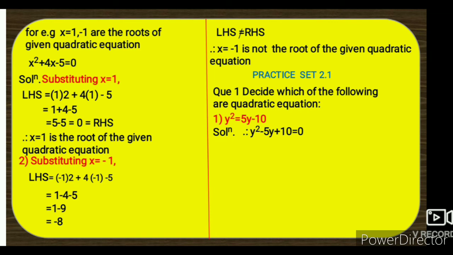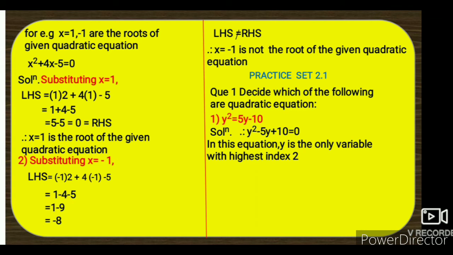All these three values are real numbers and the value of a is not equal to 0. Therefore the given equation is a quadratic equation. In this equation y is the only variable with the highest index 2. Therefore it is a quadratic equation.